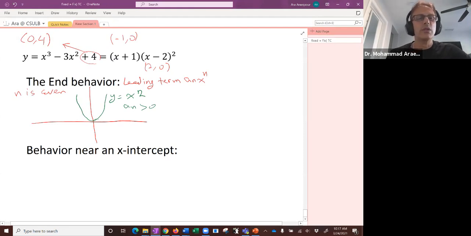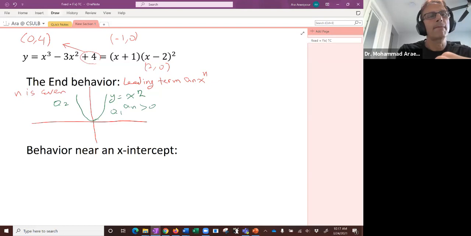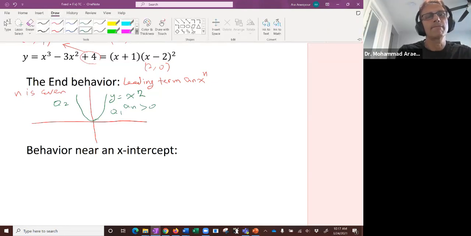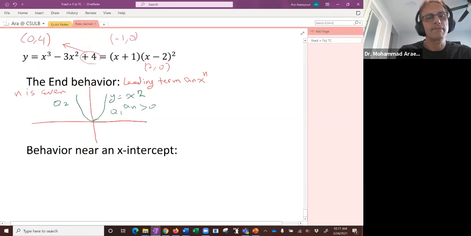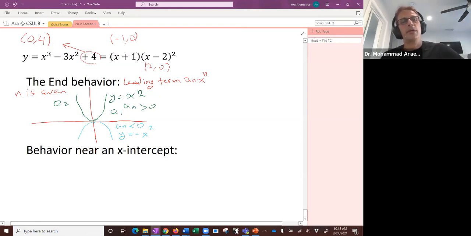That means we are dealing with the first quadrant end behavior and second quadrant. If a sub n is negative, the graph looks like y equals minus x squared.